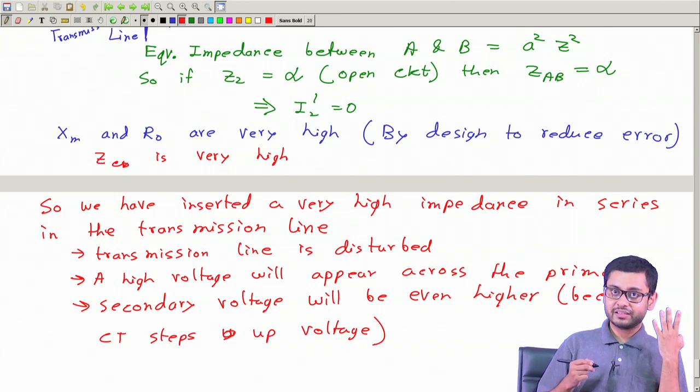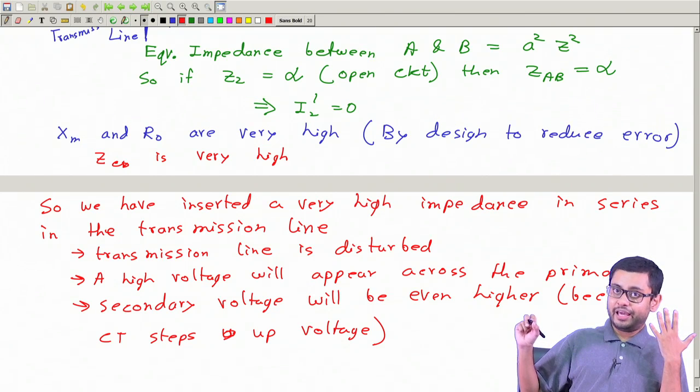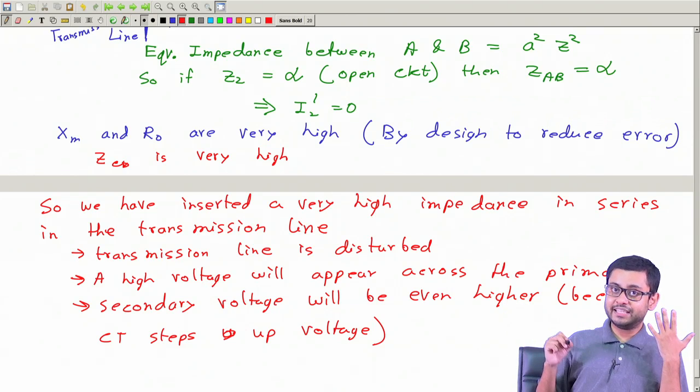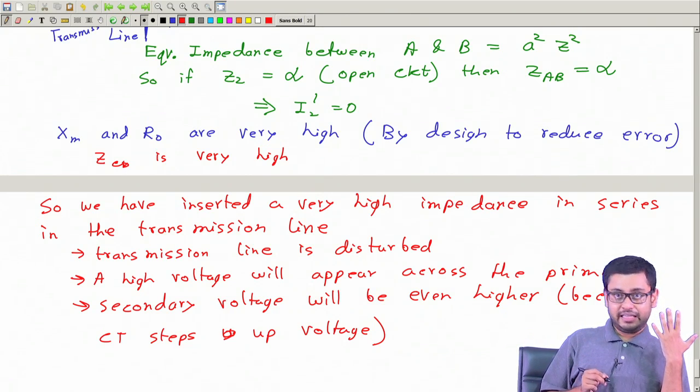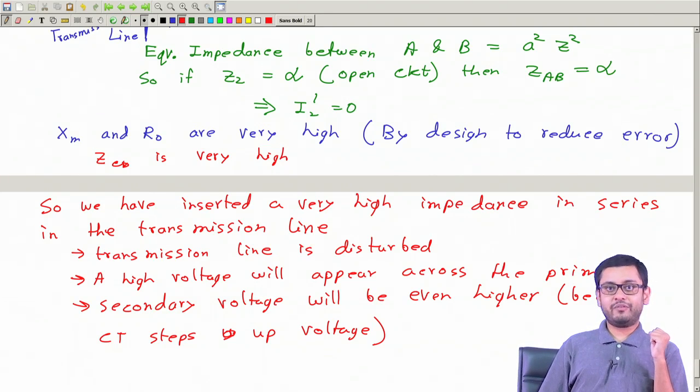That means we have to make Xm and R0 very high. Then we have also learned that this CT is a step up transformer, and by design it has a high Xm and R0. Therefore, if we by mistake make the secondary of the CT open circuited, then it is very risky. So we should never do it. These are some things we have learned.